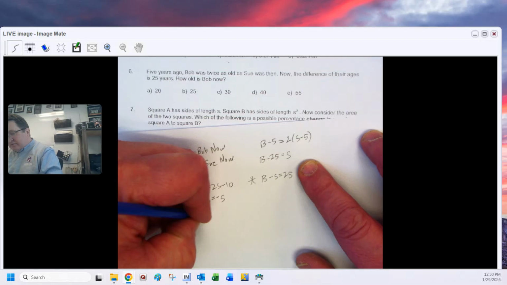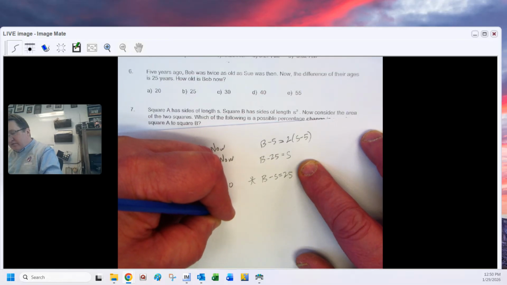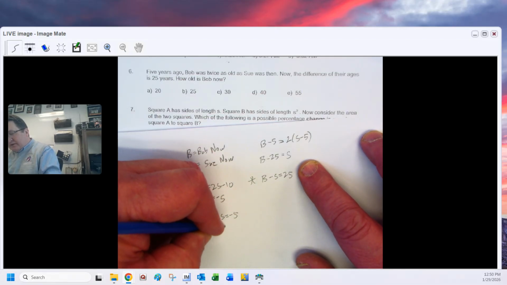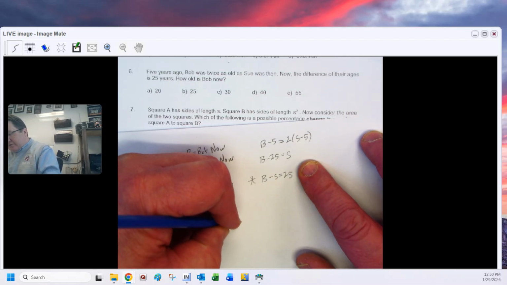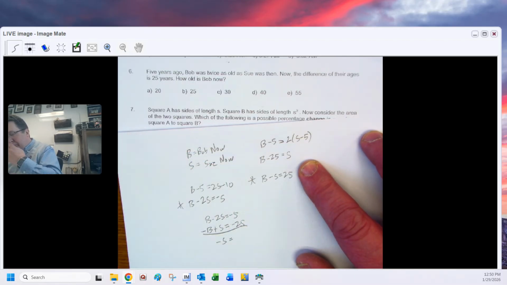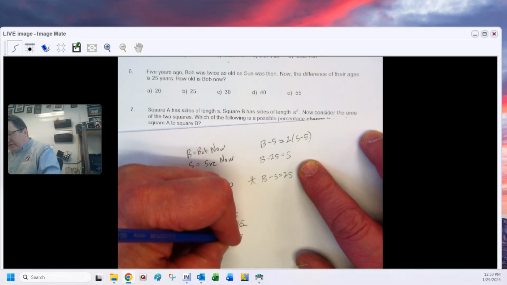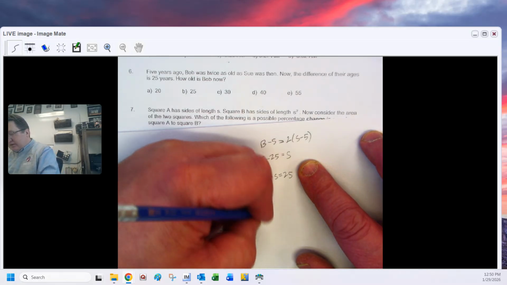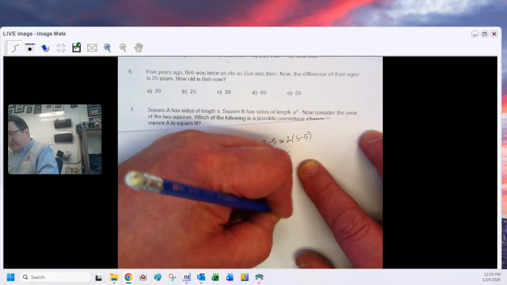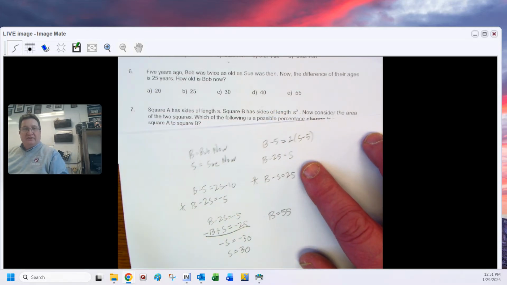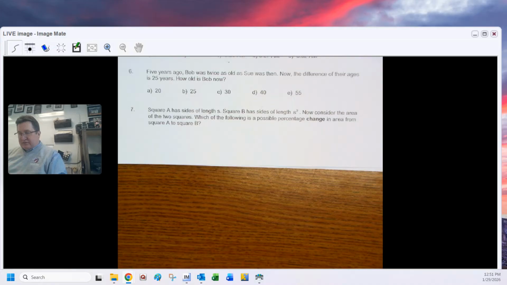If I write the first one down, B minus 2S equals negative 5, and then take the opposite of the second one, the opposite of B minus S equals the opposite of 25, then you get that the opposite of S is negative 30, which is to say Sue is 30. If Sue is 30, then Bob is 55. So our answer there is E, 55.